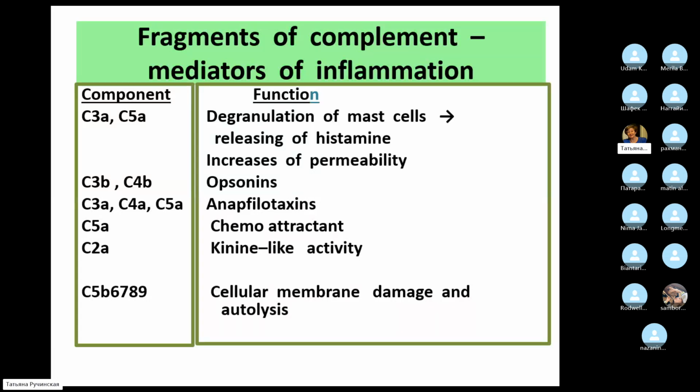The first. The second, they can increase permeability. As for C3b, it will be an opsonin. But you must remember this, the main one: C5a works as a powerful chemoattractant.